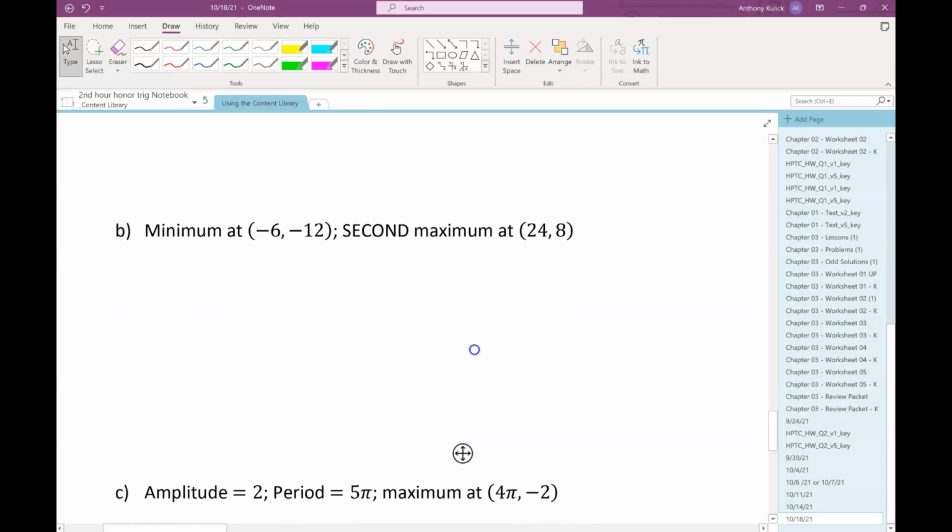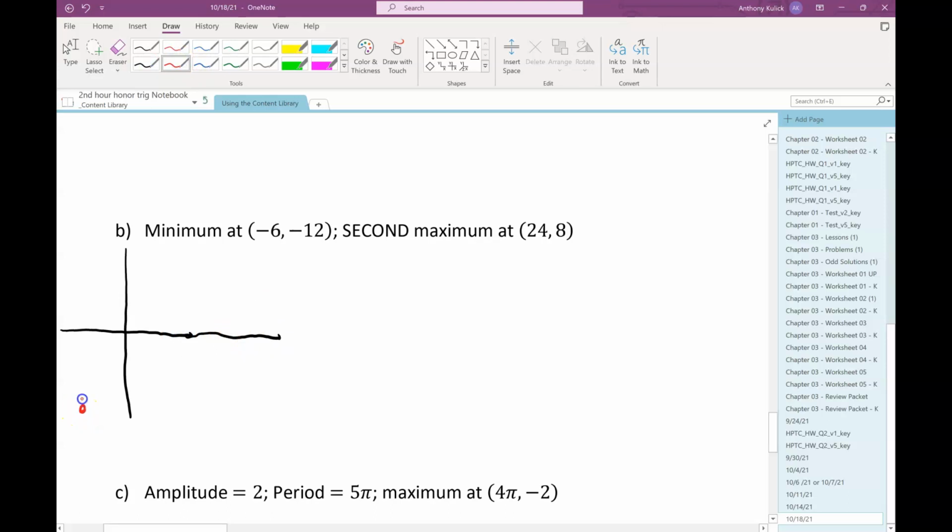Okay. So on a problem like this, I'm going to start by sketching a picture, because I'm not just given amplitudes and stuff. I'm going to need to draw something. So I have a minimum at -6, -12, and a second maximum at 24.8.